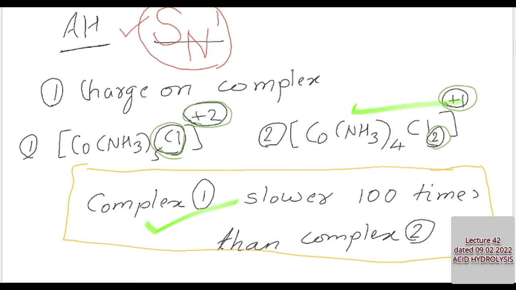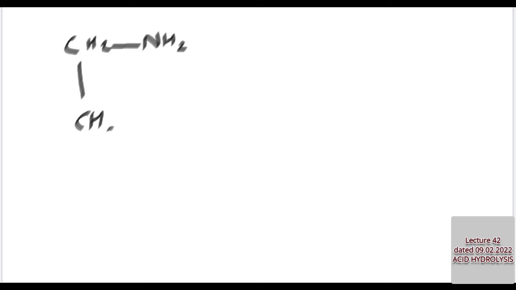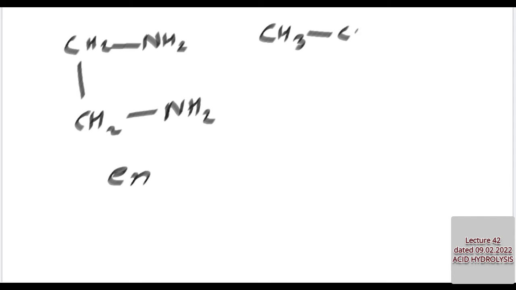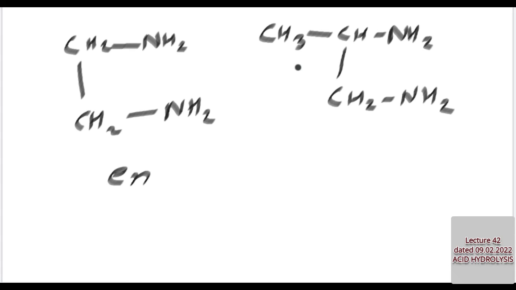Now, the second factor I am talking about. Complexes were studied with ammonia as a ligand. Instead of ammonia, one can use ethylene diamine, NH2CH2CH2NH2. It is our ethylene diamine ligand. People have also studied substituted ethylene diamine, where one proton or hydrogen is substituted by a methyl group.